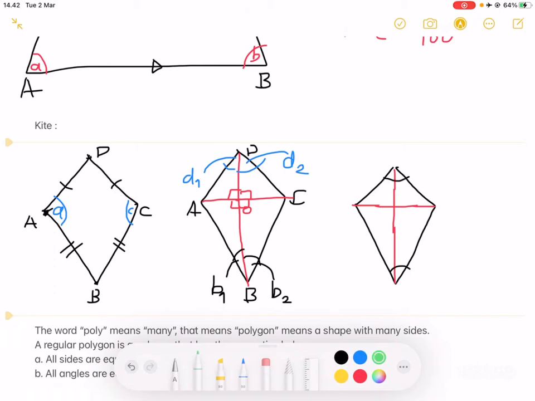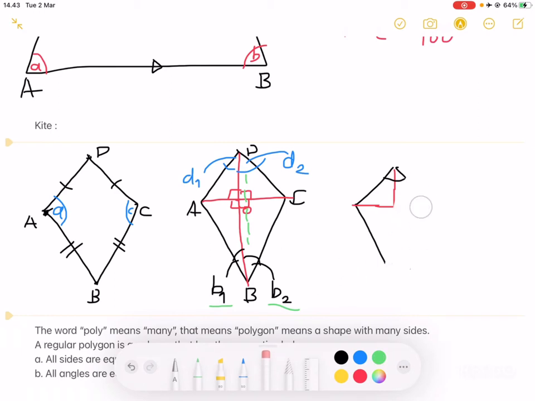So as you can see, angle B and angle D are opposite angles and are bisected by this diagonal right here. So as you can see, this bit, angle B1, and this bit, angle B2, must be equal to each other, and likewise D1 and D2 as well.